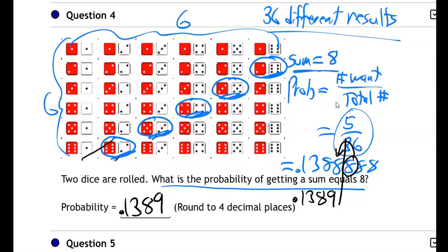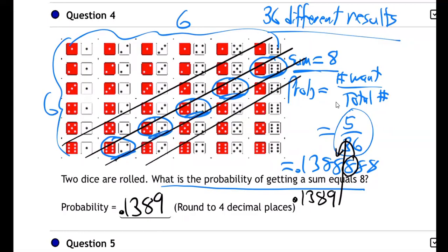So let me make an observation with you. Do you see how every diagonal row has a different sum? If you put lines in, in fact, here, let me do a better job on those lines. You put lines in like this, you'll see that every diagonal row has a different sum.